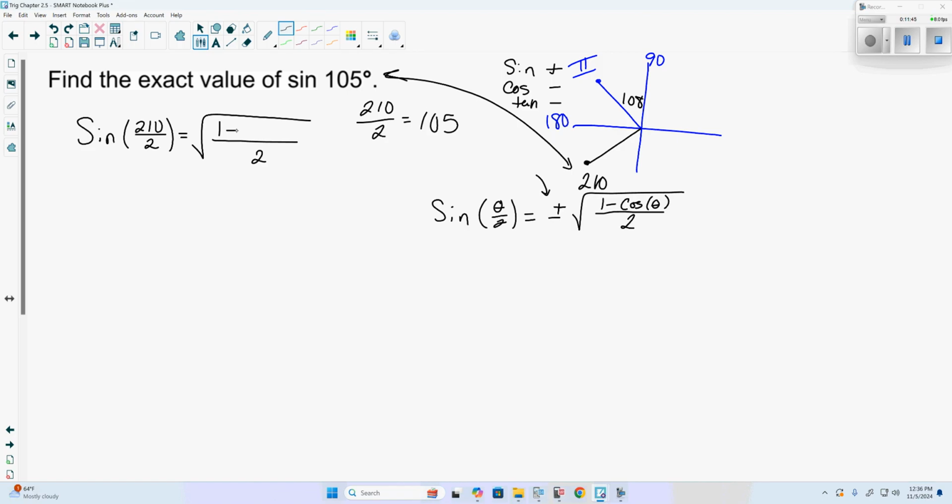So we set this up as sine of 210 degrees over 2 is equal to the square root of 1 minus cosine of our angle, and our angle is going to be 210. And since we're in the second quadrant, this is positive.